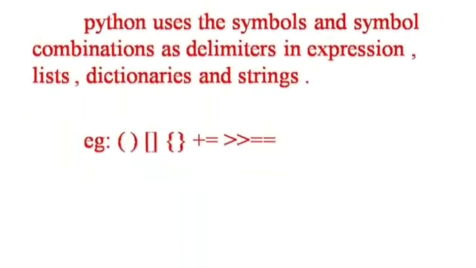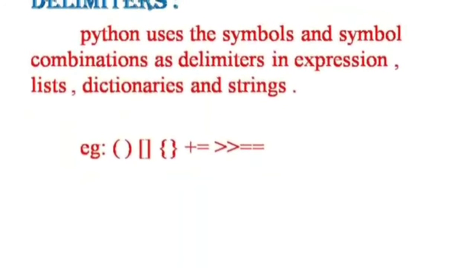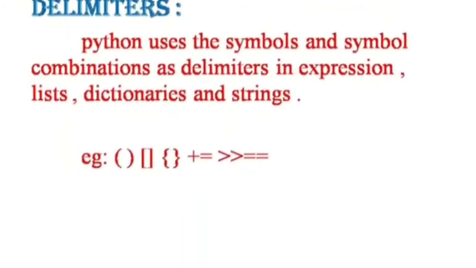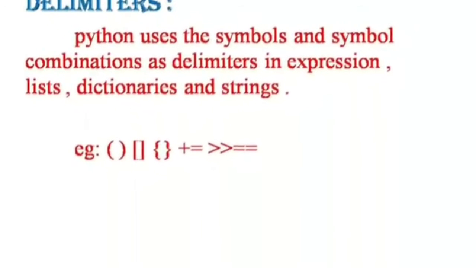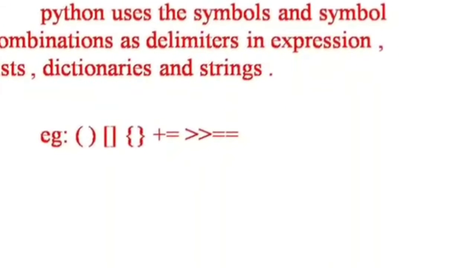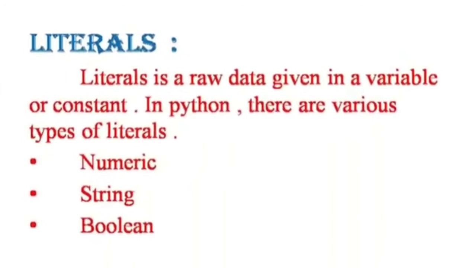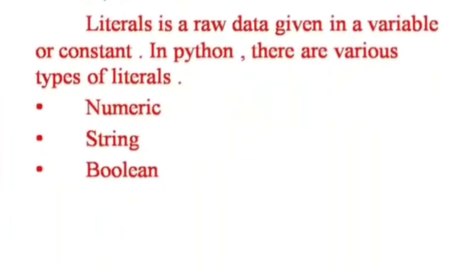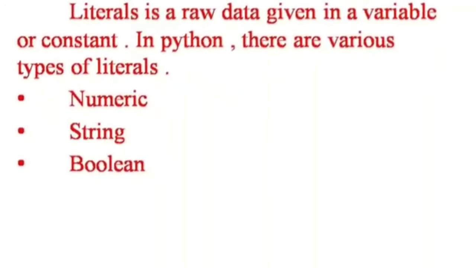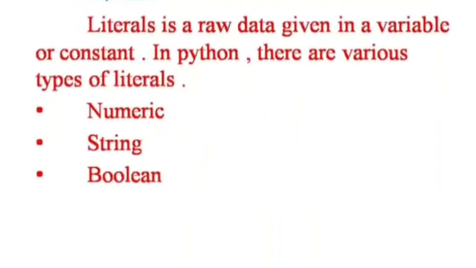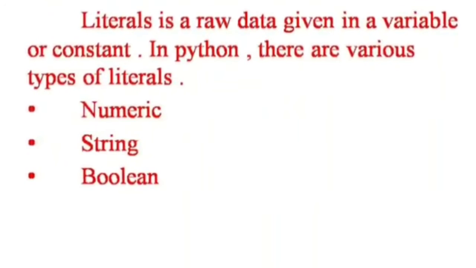Python uses symbols and symbol combinations as delimiters in expressions, lists, dictionaries and strings. Now we will see what is a literal. A literal is raw data given in a variable or constant. In Python, there are various types of literals.